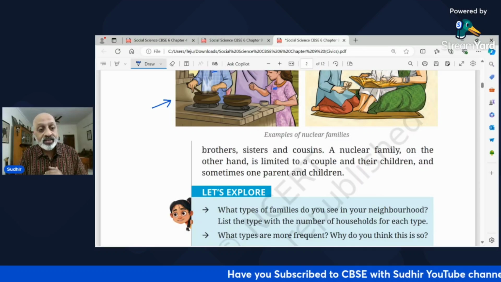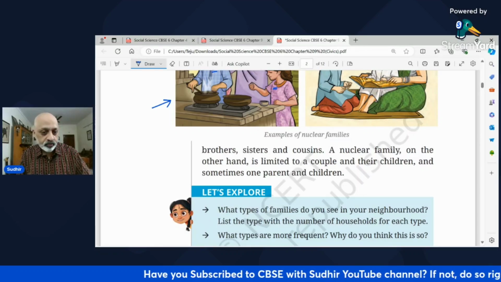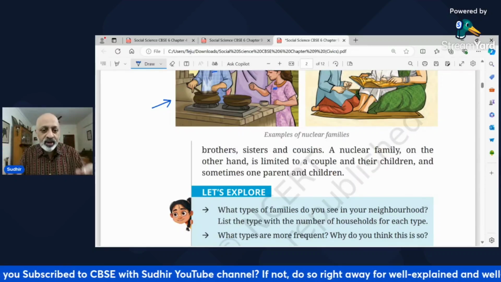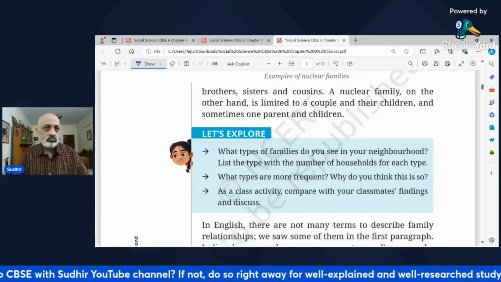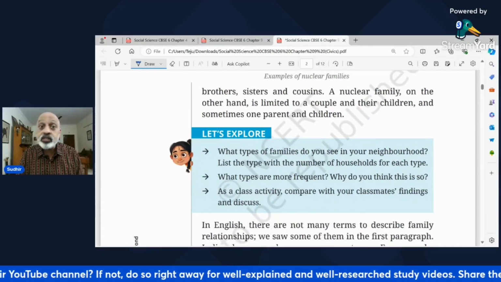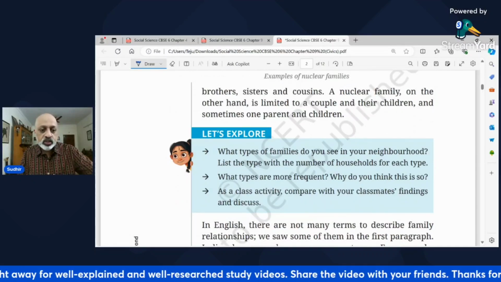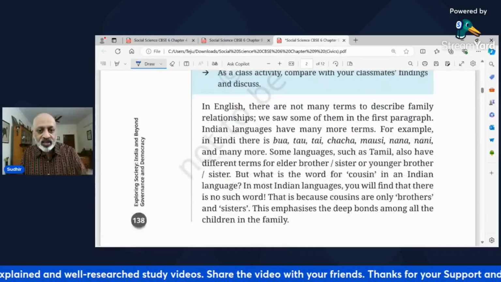That would be known as a joint family. Nuclear family, it's only generally the husband, wife, and their children. So what kind of family is your family? What kind of families do you see in your neighborhood? You could discuss all that in your class activity.